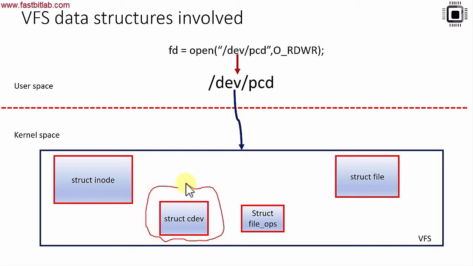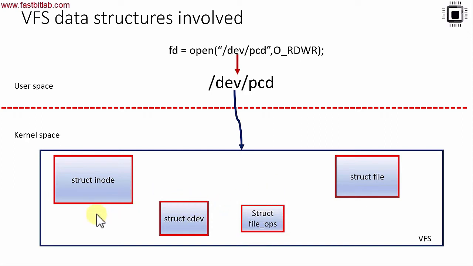Struct cdev represents a character device, and we register this struct cdev using cdev add. While registering the cdev, we initialize the cdev's file operations with our driver's file operation methods. Basically, cdev has a field which holds the pointer to the file operations variable that we created in the driver file.